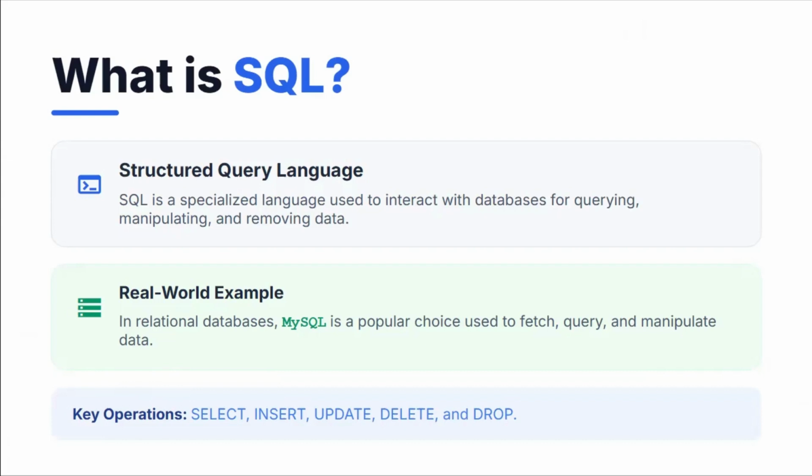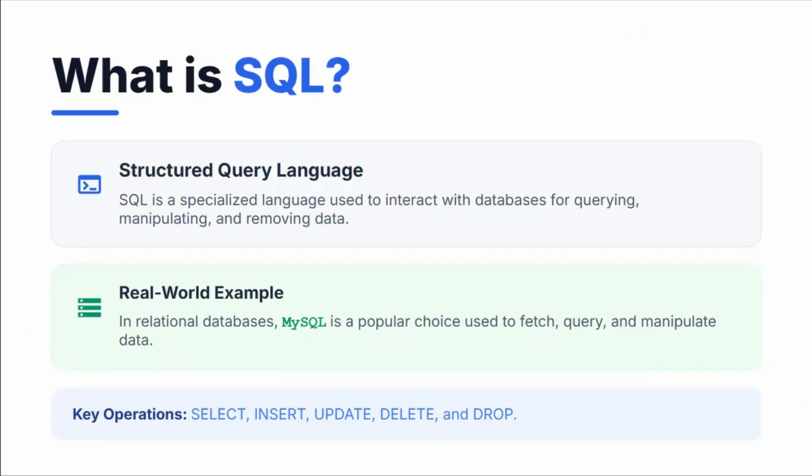Apart from MySQL, there are databases like Microsoft SQL, the MS SQL database, then Oracle DB, Cassandra, and under NoSQL you have MongoDB. So there are various types of structured query languages.